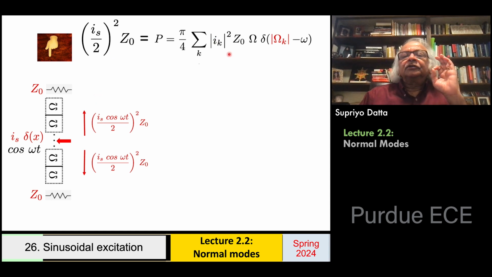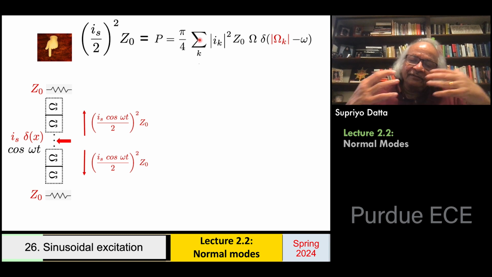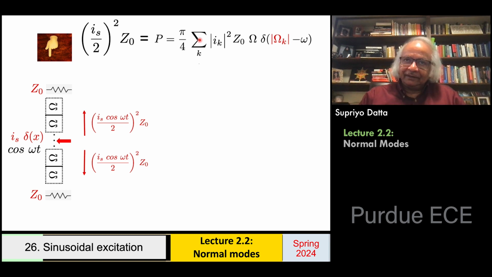But I really wanted to introduce this way of summing over independent normal modes, independent oscillators, because that's a very powerful method, you see. And actually, I'll use this more in the last lecture again, when we will be doing a much more difficult problem involving waves in 3 dimensions. This is just a one-dimensional thing where it's relatively easy to get this answer.